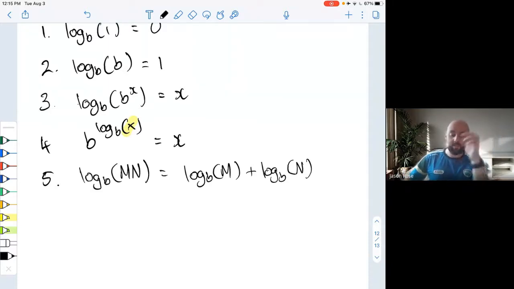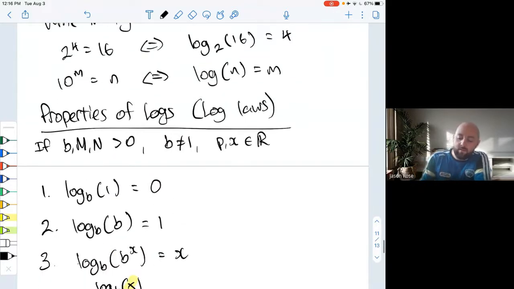Another way to think of it would be like a times b. So you could have log to the base b of a times b. I decided to use m and n because the base b is a lowercase b, and I didn't want to use an uppercase B, so I was looking for two other letters to use for this part. m and n are just positive numbers.